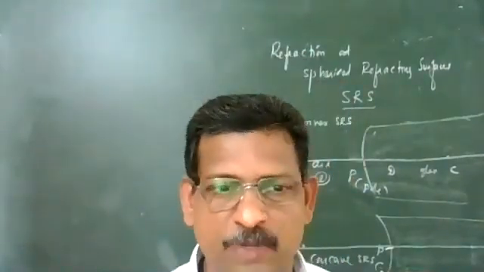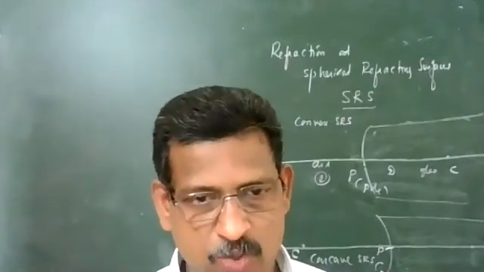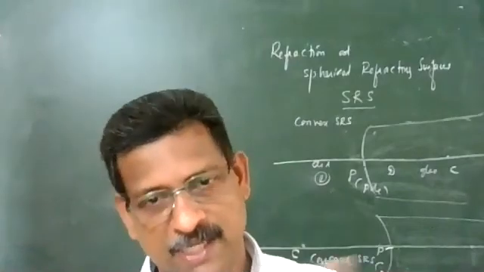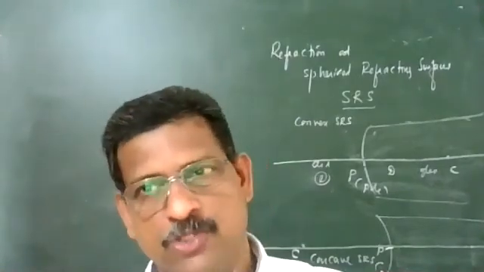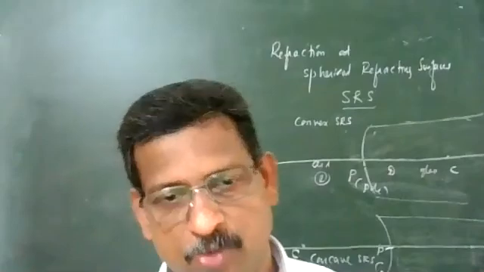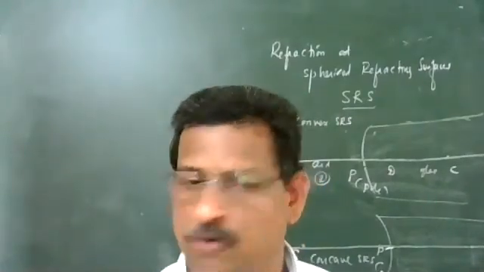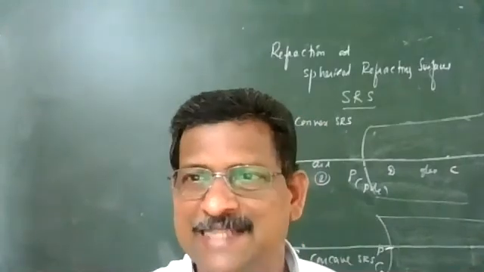All the measurements are to be taken from the pole. Object should be on the left side. Distances measured toward the left side are negative, those measured toward the right side are positive. Upward measurement positive, downward measurement negative. So this is the sign convention to be used in dealing with refraction at SRS.